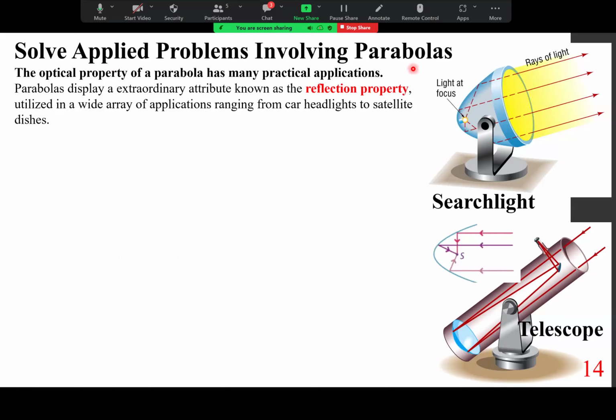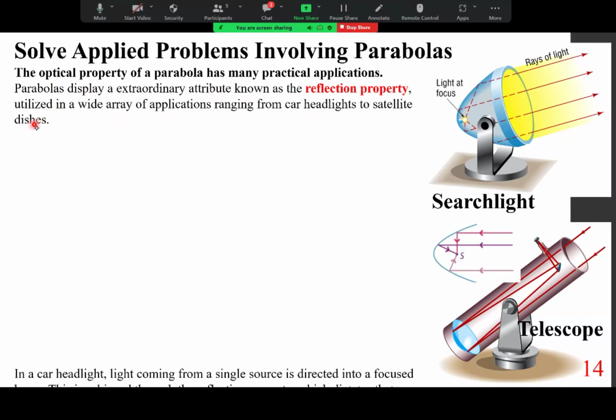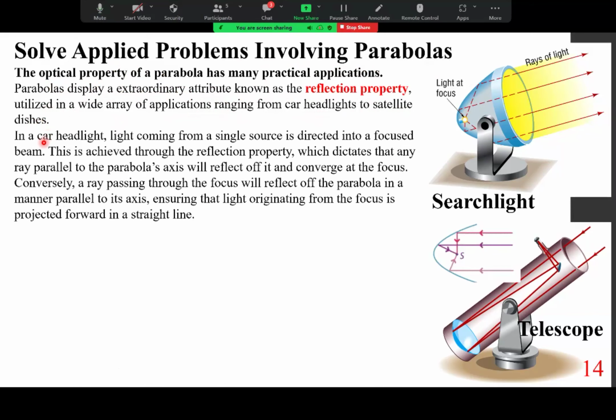Solve applied problems involving parabolas. The optical property of a parabola has many practical applications. Parabolas display an extraordinary attribute known as the reflection property, utilized in a wide array of applications ranging from car headlights to satellite dishes. In a car headlight, light coming from a single source is directed into a focused beam.